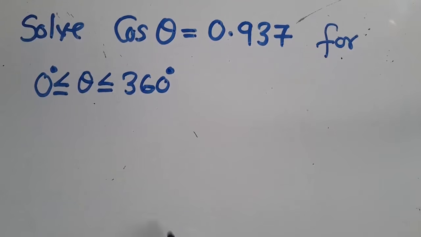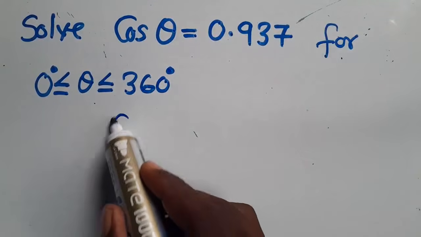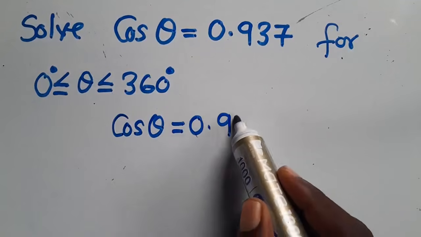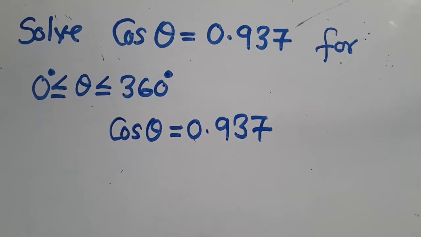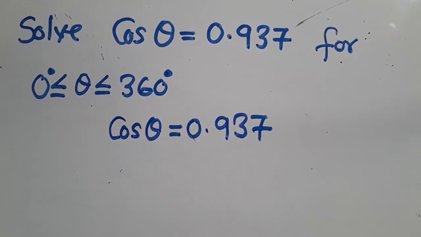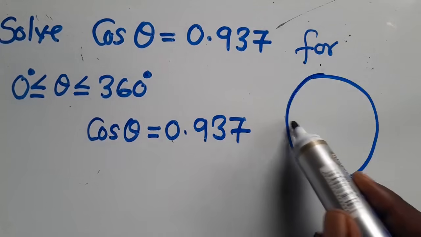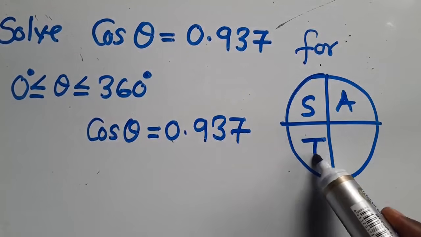So now, how can you solve this? You get your calculator. You cannot solve this without a calculator. It is cos theta equal to 0.937. I'm going to make it simple so that you see how simple this question is. Before you go any further, you know that if we draw the quadrants, we say all students take coffee.